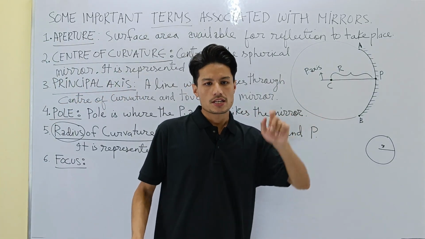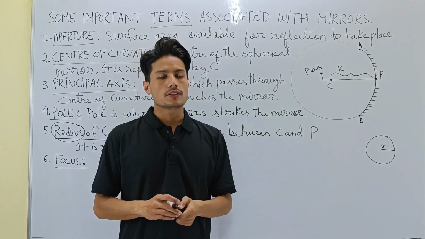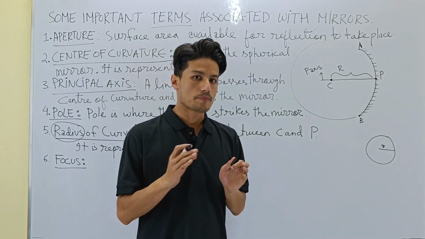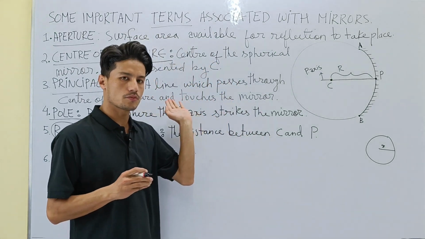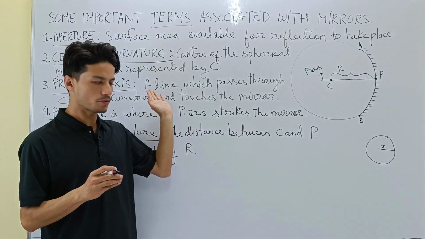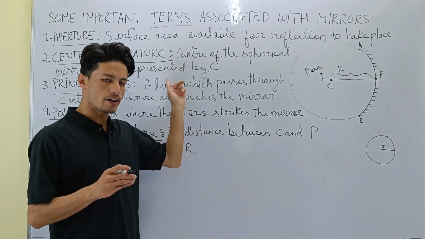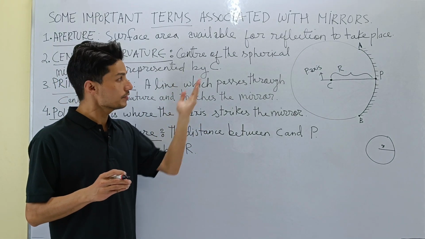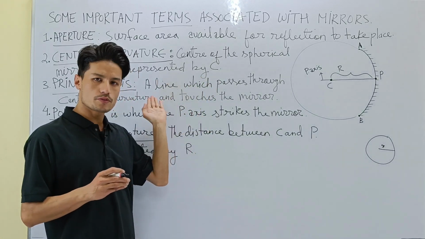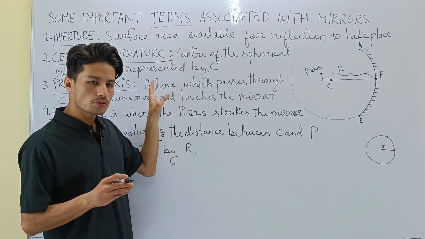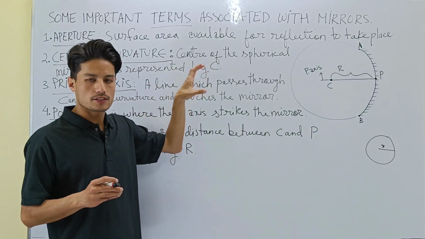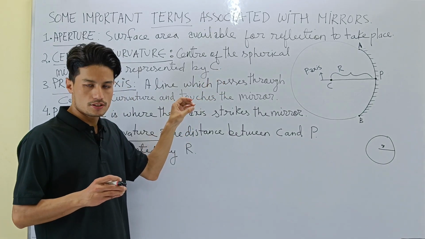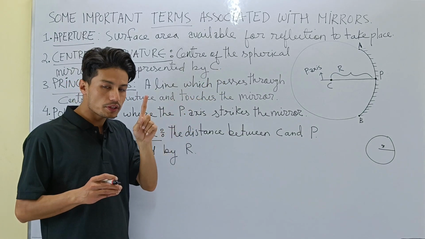So what is focus? Focus is the point where all the reflected rays meet, which I showed you earlier, in terms of the concave mirror and also the convex mirror. In the concave mirror, we found that all the rays after striking the mirror converge. At what point did they converge?